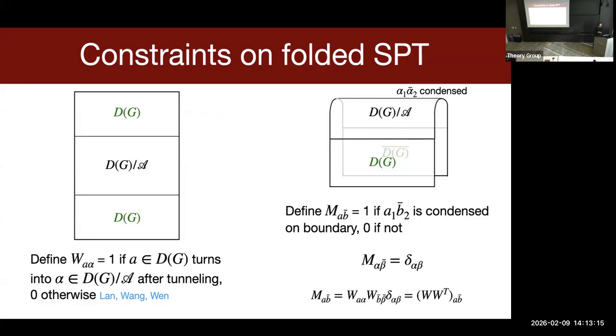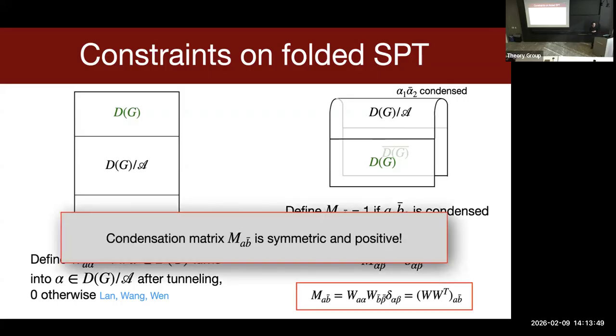And so what you can convince yourself of is that this matrix of anyons condensed at the top boundary works like this: if I have an anyon A, I tunnel through it, it turns into alpha. If I have an anyon B, it tunnels through and turns into beta. These things can only condense if alpha and beta are the orientation reversals of each other. And so this M will be this combination W times W transpose.